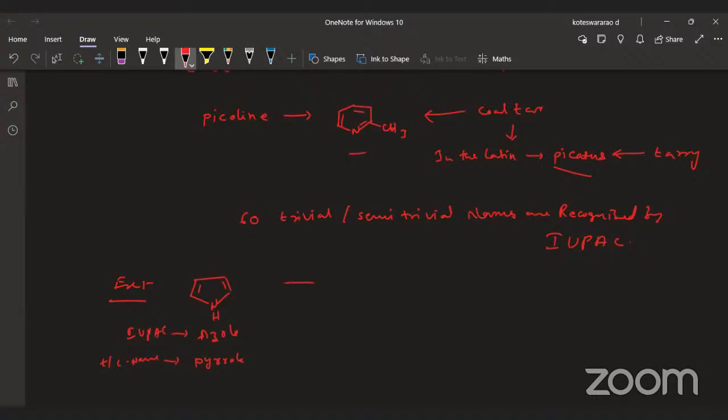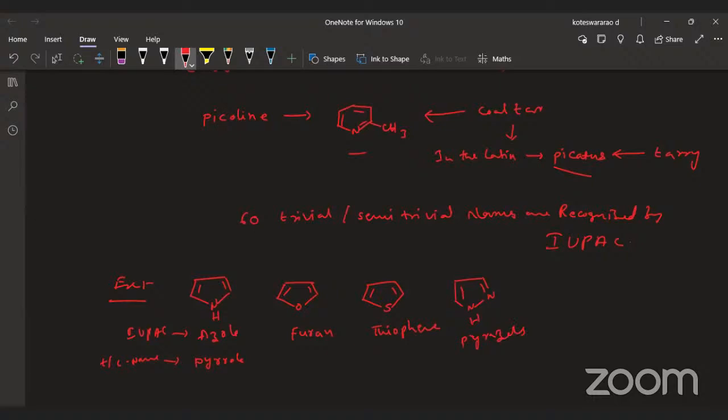If you take oxygen heterocyclic with 5-membered, you studied in the UG final year, right? This is furan. Thiophene. These are all trivial names. Pyrazoles, where the two nitrogens are there, it is called pyrazoles. These are the 5-membered rings.